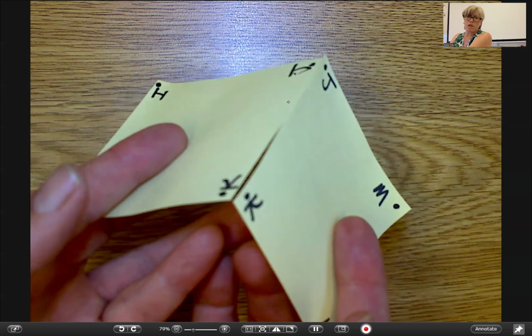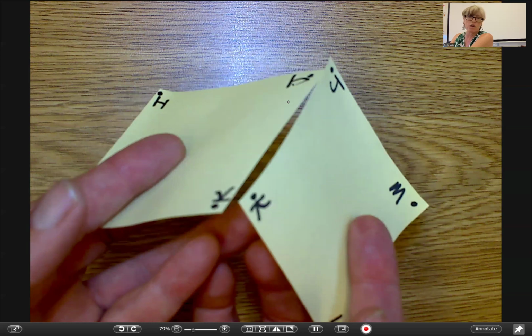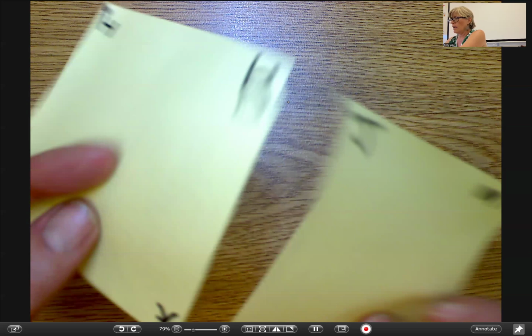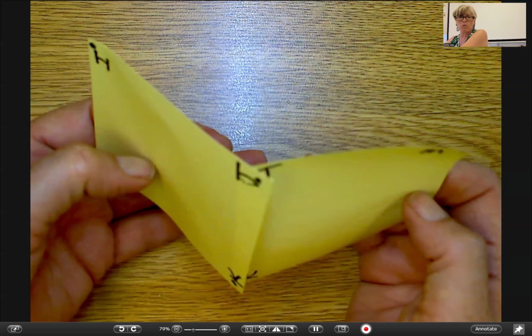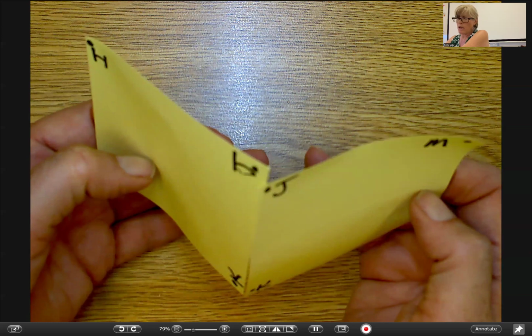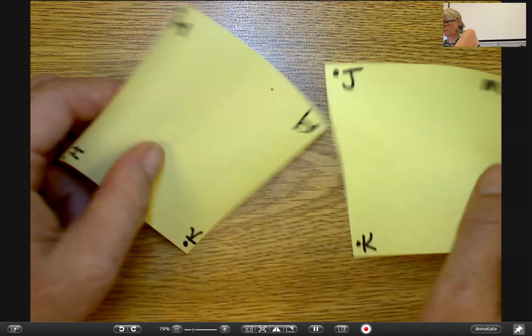It's going to be hinged, and it's going to be hinged at KJ. Why? Because KJ is shared by both the planes. Again, let me just give you another perspective. We are going into a three-dimensional drawing because the same letters are going to be the same points.